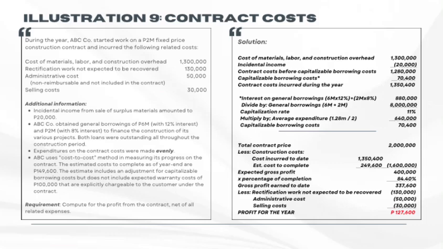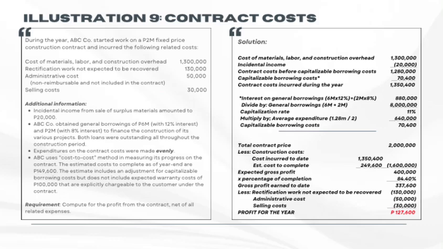That 1,600,000 will be deducted from the 2 million. That will give us expected gross profit of 400,000. From there, we should multiply the percentage of completion, which is 84.40%. That will give us the gross profit earned to date, which is 337,600.